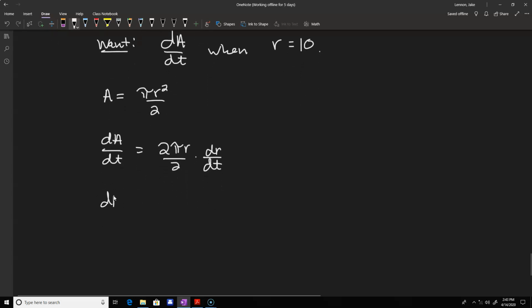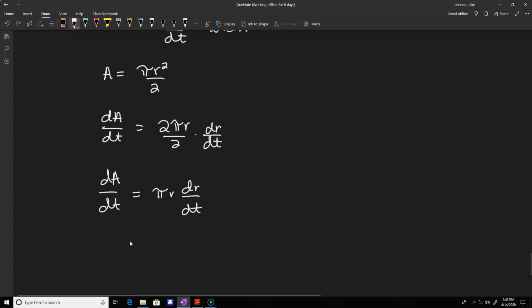So we're just left with dA/dt equals, the 2's cancel, just pi r dr/dt. To answer our question, we just plug in 10 for r, and we're given that dr/dt is 1.5. So dA/dt for our particular question is pi times 10 times 1.5.